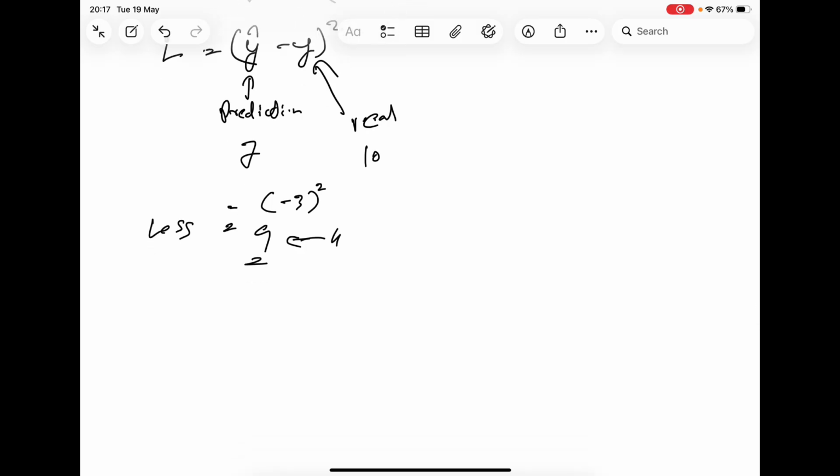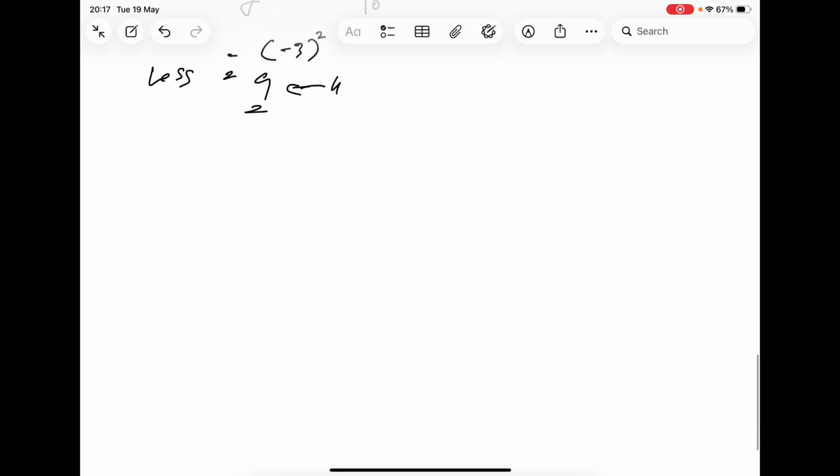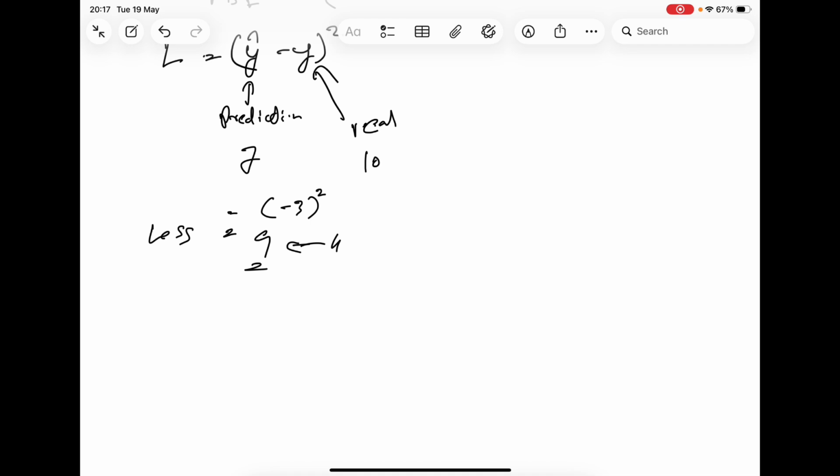Okay, now what we are going to do is find the derivative, right? Loss function has a common graph.